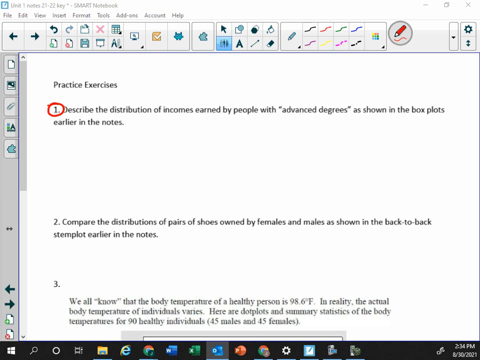Actually, IQR might be better just because we do have those. The range should be about here. That's not even half, 25%.